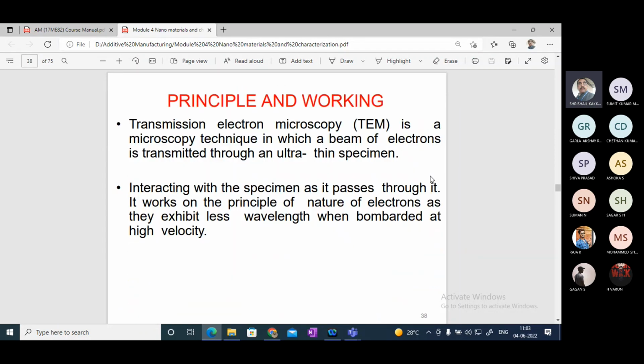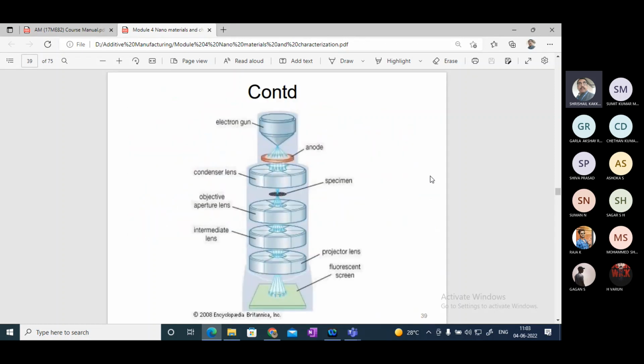Okay, this is a transmission electron microscope, and the other one, the SEM, is a scanning electron microscope. And what kind of microscope is this one? Can anyone tell me?